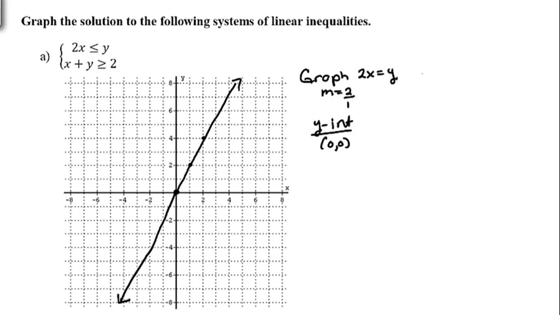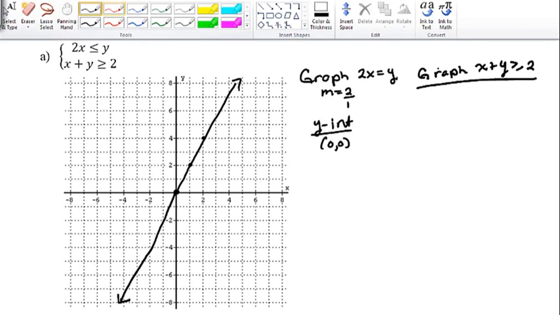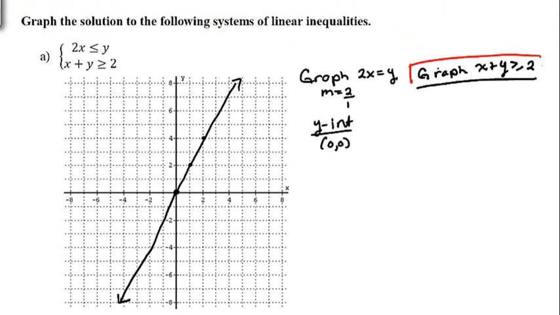The other inequality is x plus y is greater than or equal to 2, and I'm going to graph that one in red. This one is in standard form, so doing the intercepts will be the easiest. The x-intercept means y is equal to 0. If y is equal to 0, we get x equals 2.